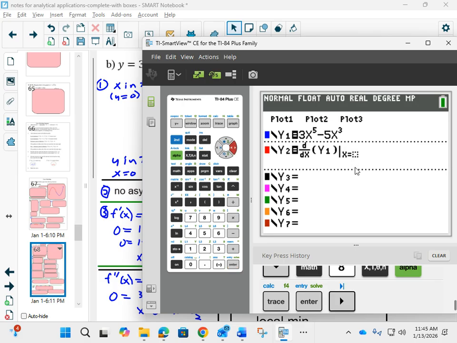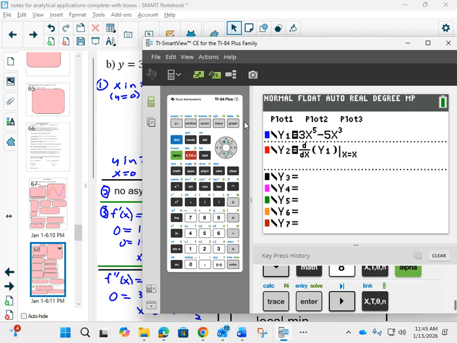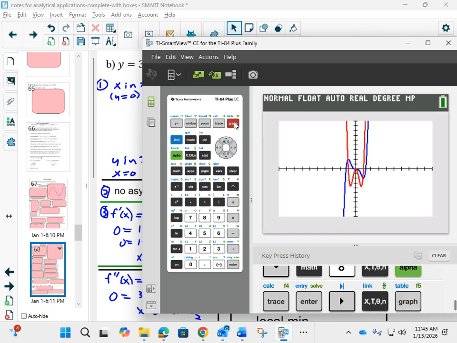This finds your derivative at any value you want. If we go x equals x, can you see that the minimum of this W graph, the red one, is right at our inflection point?